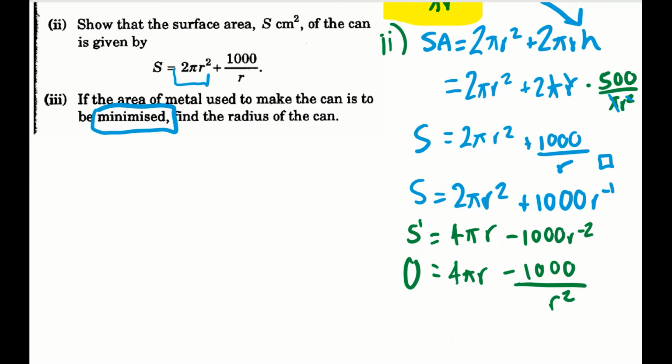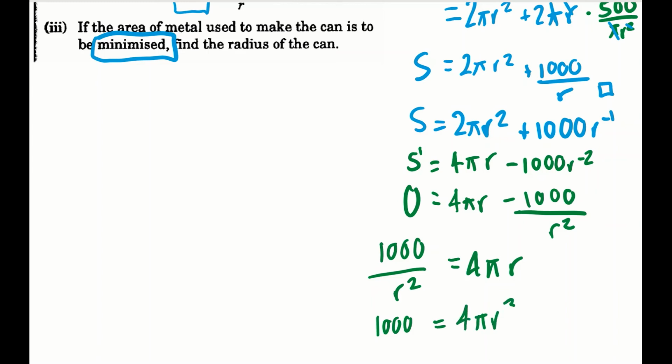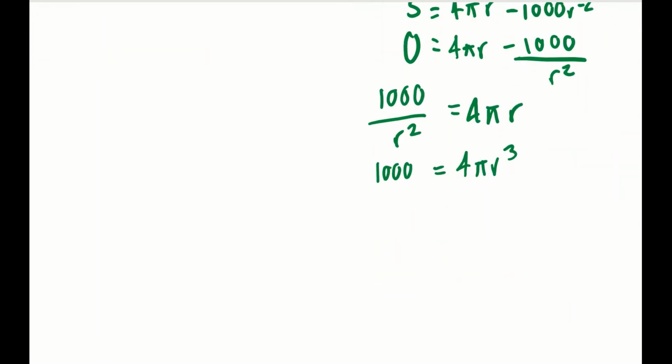So I'm just going to take that negative fraction to the other side, times my r squared over. Then divide and cube root. So there's my value of my radius.